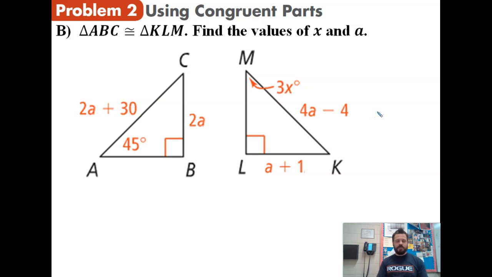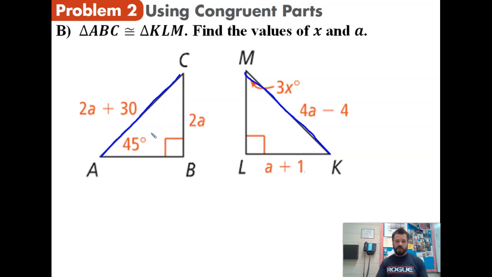What I need to do here is match up a set of corresponding sides that I have expressions for both of them. And I'm going to match up segment AC with segment KM. And we know these sides are corresponding because they're both the hypotenuses of these two right triangles.